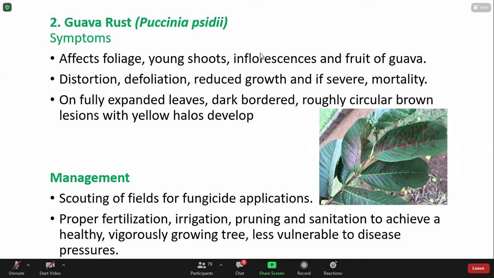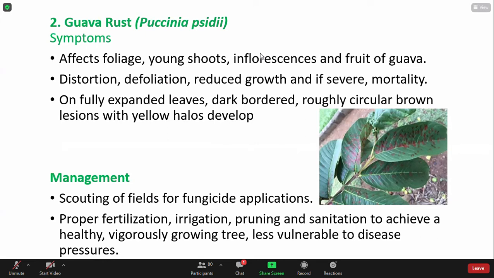It causes the distortion, defoliation, reduced growth, and if severe, it causes mortality. Initially, it caused the distortion, defoliation, and the reduction in the growth of the plant, right? If the condition is severe, the mortality will be there.